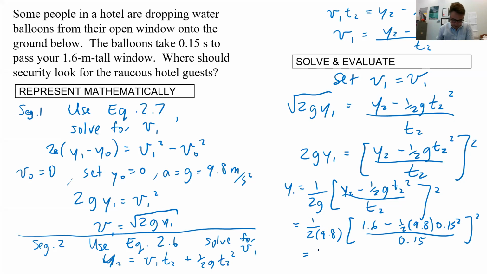I typed that into my calculator and I got 5.03 meters. So the way they should look, they should look 5 meters above my room, for people who drop the balloon.